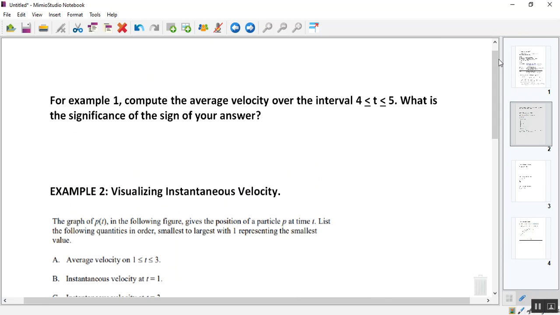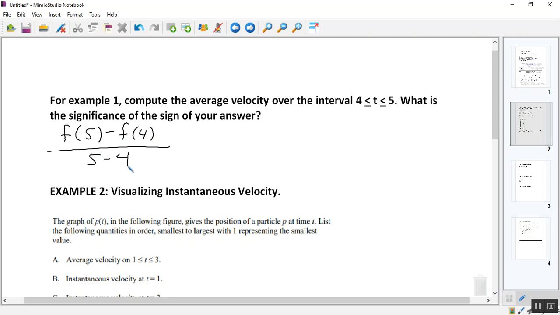So it says, for example 1, compute the average velocity over the interval 4 and 5. Okay? What's the significance of the sign here? Well, let's go back to 4 and 5. We would really want to evaluate for average velocity here, f of 5 minus f of 4 all over 5 minus 4.